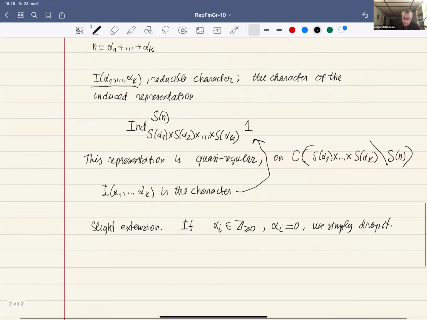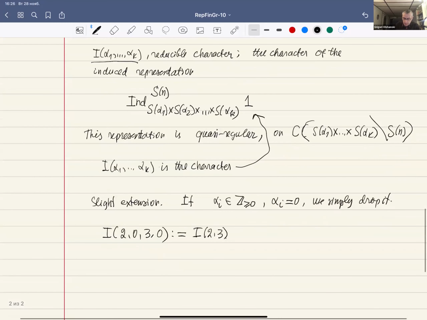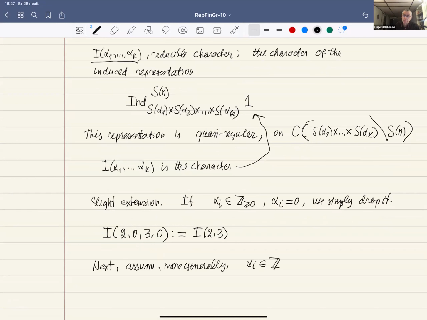So for instance, we define this. By definition it is simply this. And next, assume more generally that these numbers are integers, not necessarily positive.